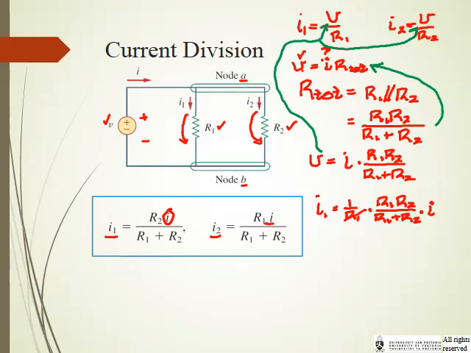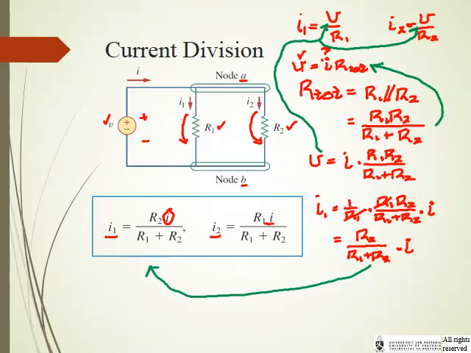What happens? That R1 and that R1 cancel out, and we are left with only R2 over R1 plus R2 times the total current. And that is the relationship that we were looking for in this equation.